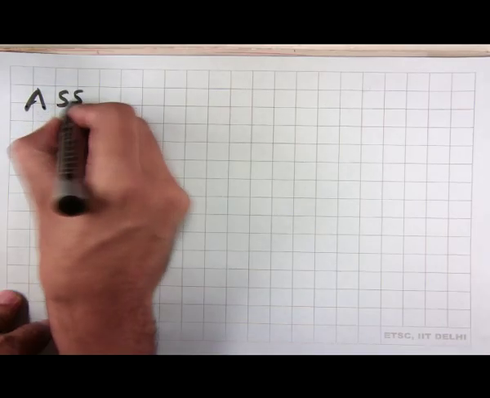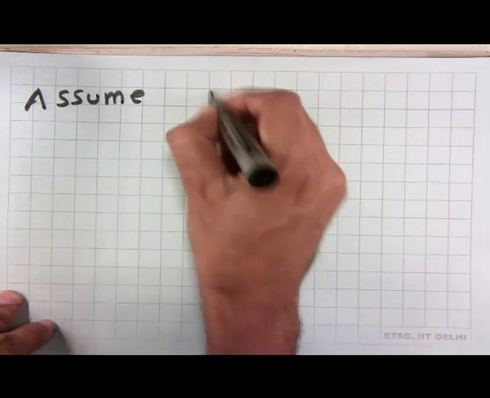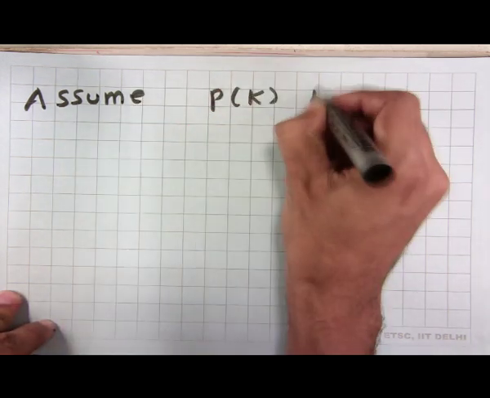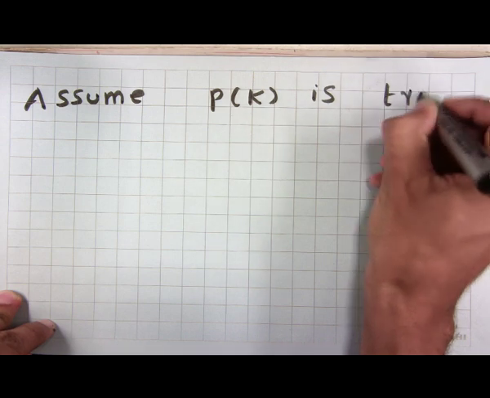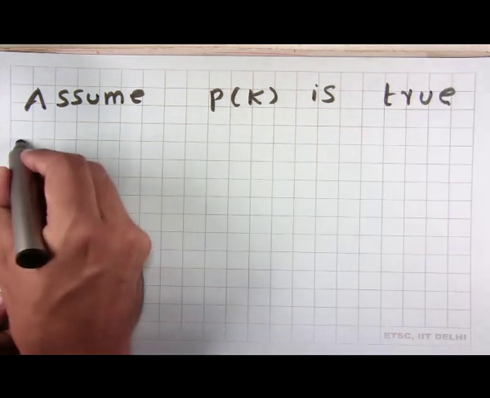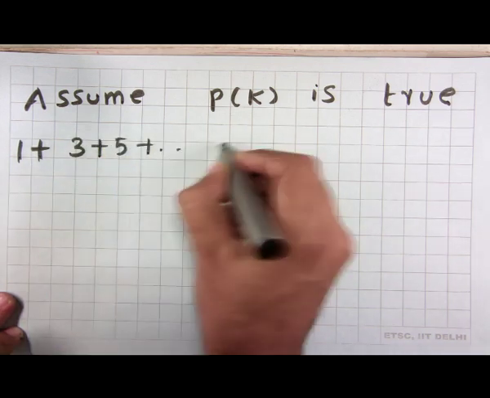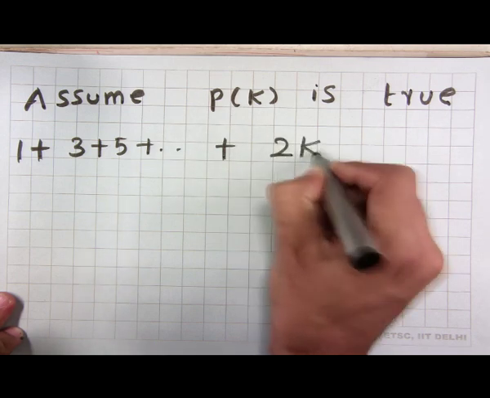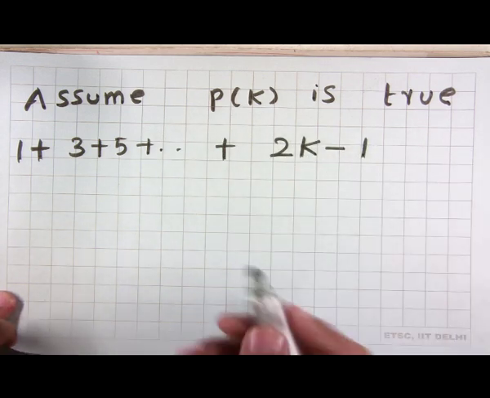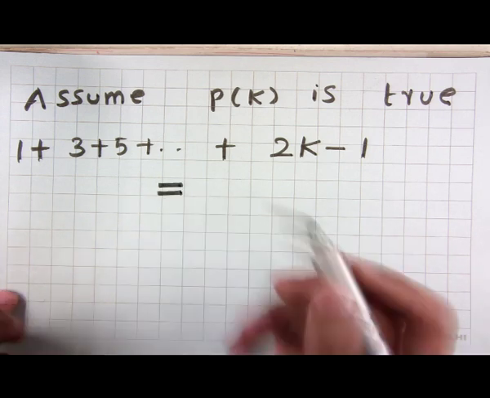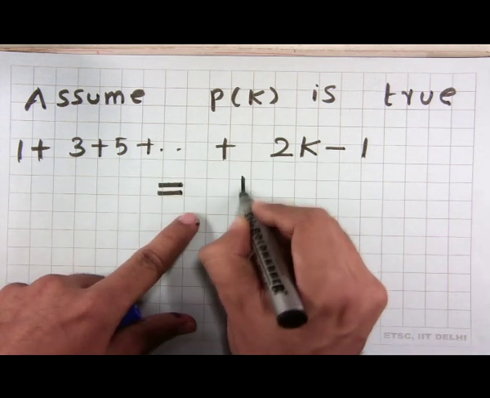Assume P of k is true. Meaning, assuming that 1 plus 3 plus 5 plus etcetera plus 2k minus 1, the sum of first k odd positive integers, is equal to k square.